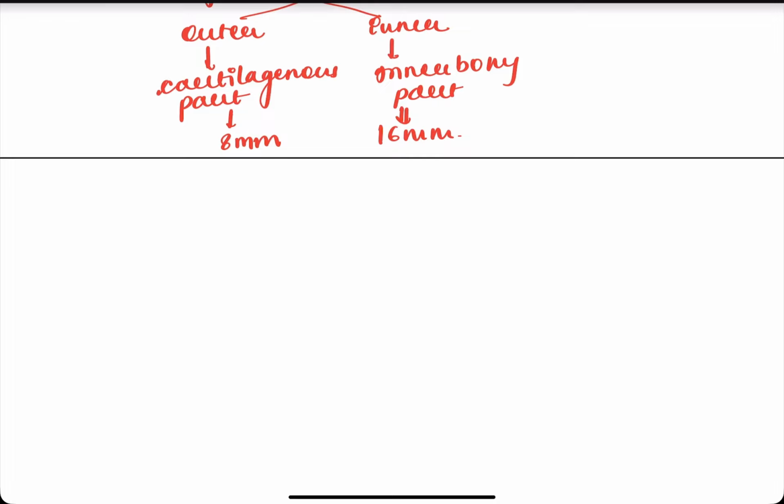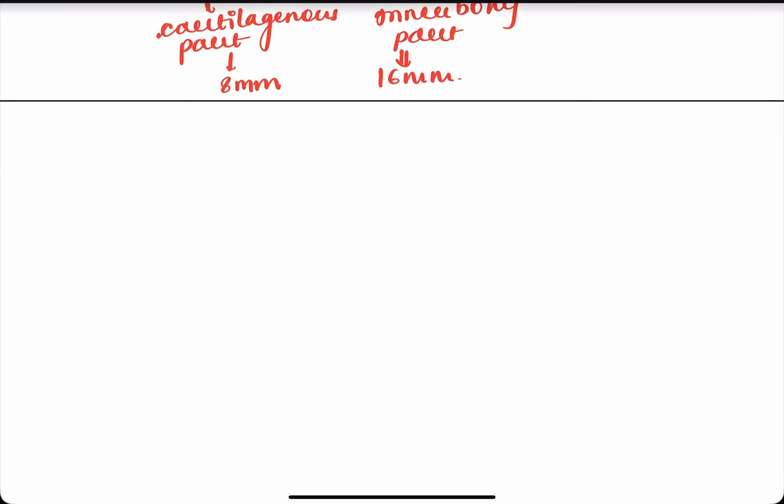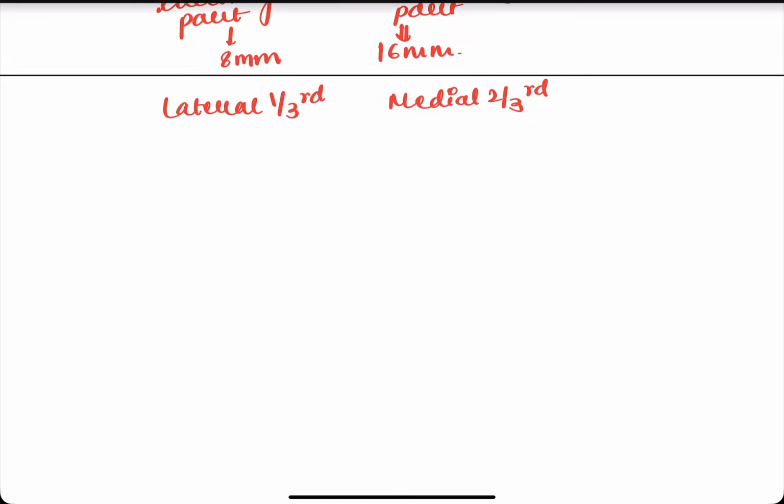Okay, so let's study the external auditory canal in some more detail. The cartilaginous part is also known as the lateral one-third of the external auditory canal, and the bony part is known as the medial two-thirds. The length, as we have written, is 8 mm and 16 mm. Next, this cartilage is auricular yellow elastic cartilage.